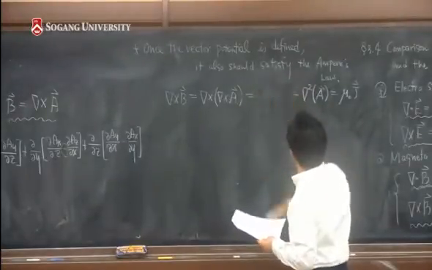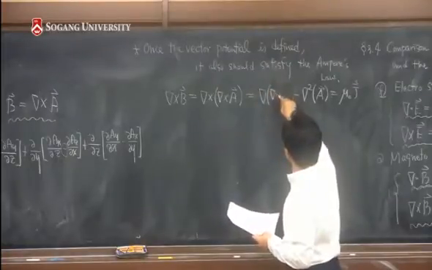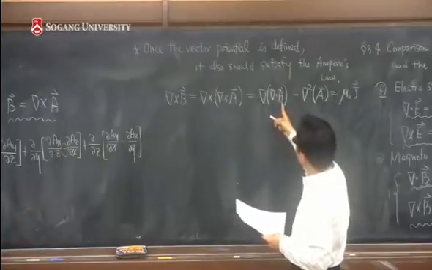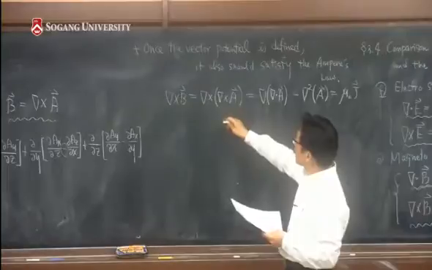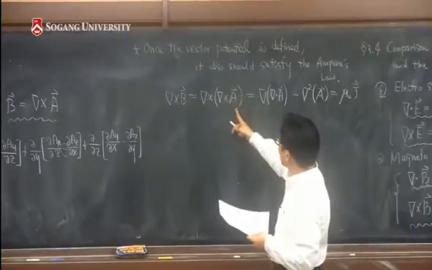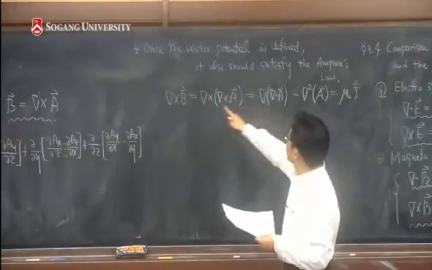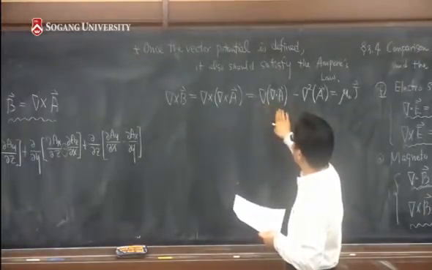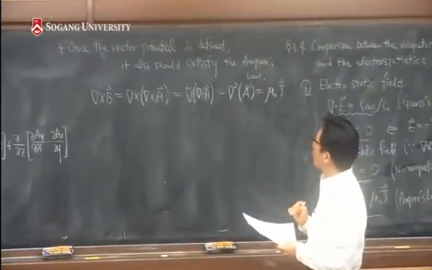So you recall the vector analysis: this is a vector, and you should take a second derivative, a derivative twice to that vector. There can be two different ways: one is you first make a scalar function and take a gradient, or take the Laplacian of the given vector.